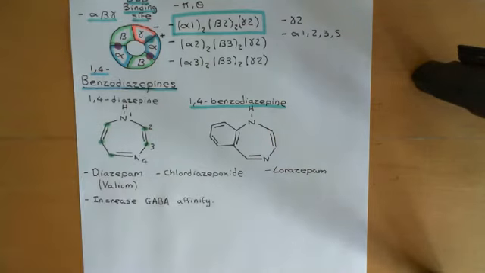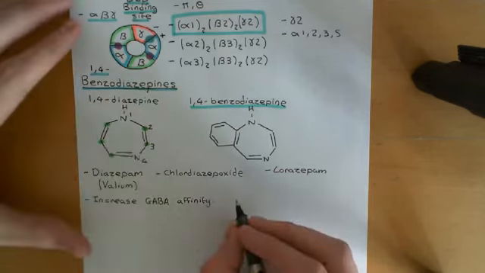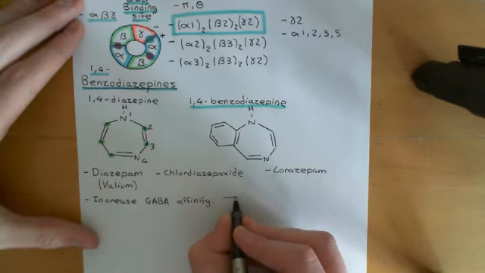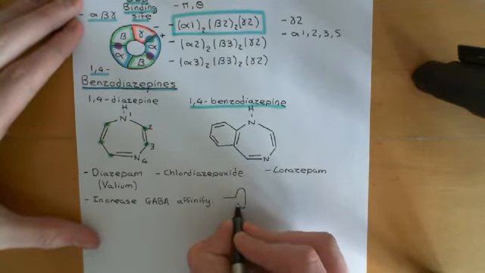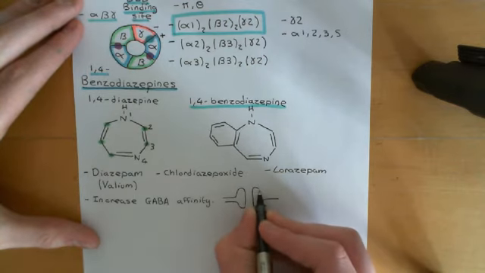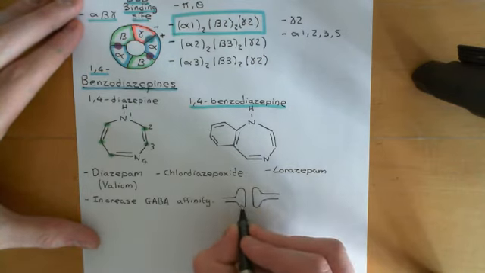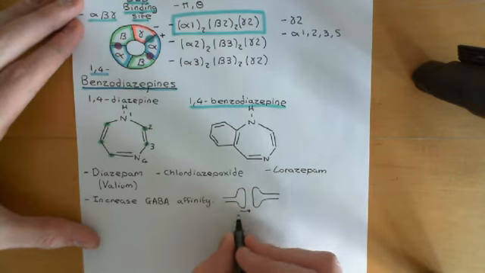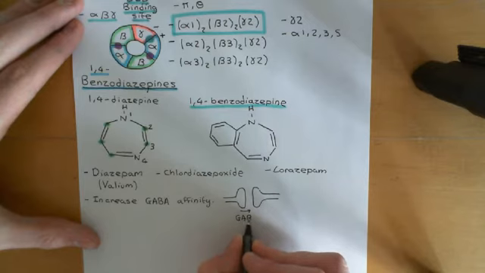Well, that means that when the presynaptic neuron releases a certain amount of GABA onto the postsynaptic neuron, I'll just draw a little picture here. If we've got an inhibitory synapse, here's the presynaptic neuron releasing GABA onto our postsynaptic neuron.